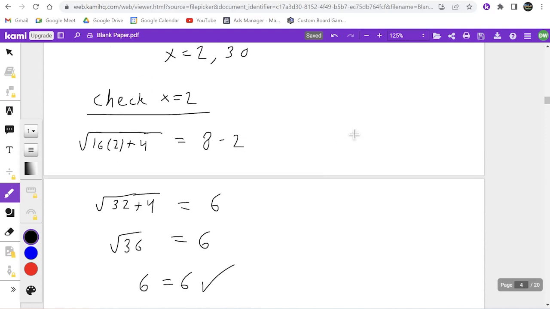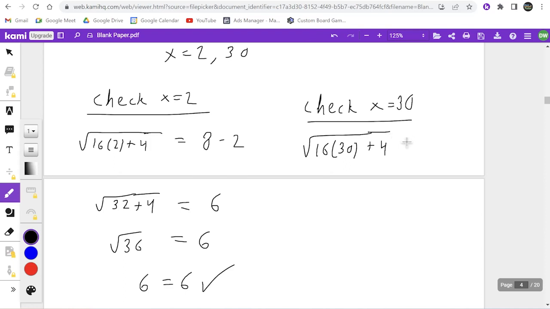And then we just have to check x equals 30. So first, I'm going to have to do 16 times 30, which is not fun, but I'll help you with that. And then plus 4. And I want to know if that equals 8 minus 30. So 16 times 30, you can use a calculator, I don't care. It's 480 plus 4 equals 8 minus 30, which is negative 22.